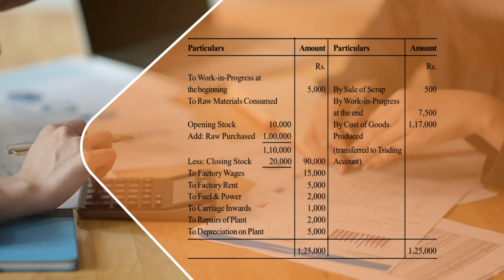it is 7,500. So here work in progress beginning, work in progress closing, you can check it. Work in progress beginning 5,000, raw material 20,000, work in progress 7,500.